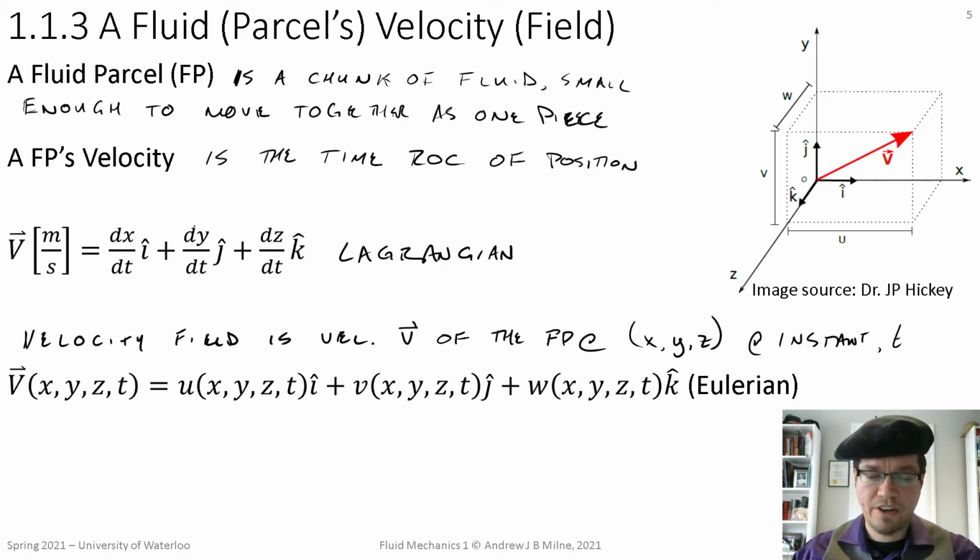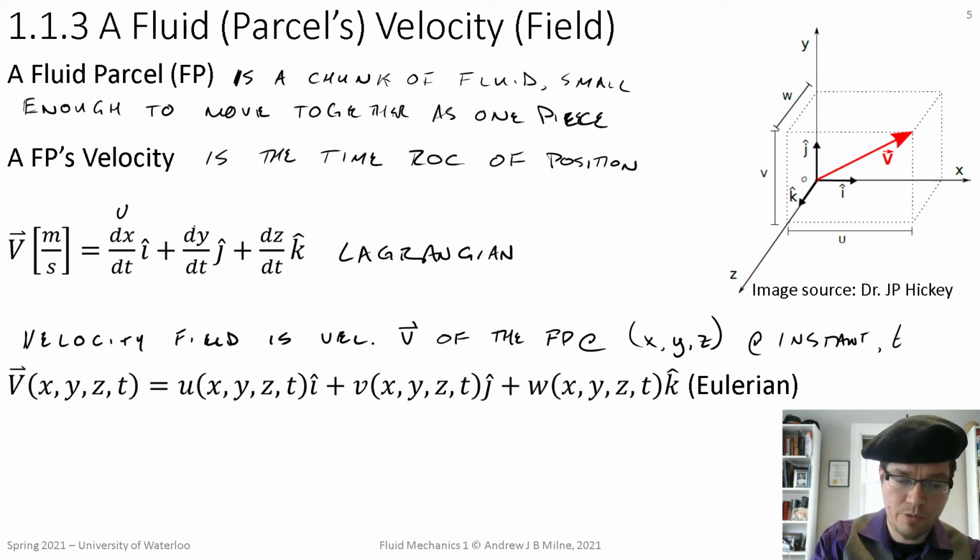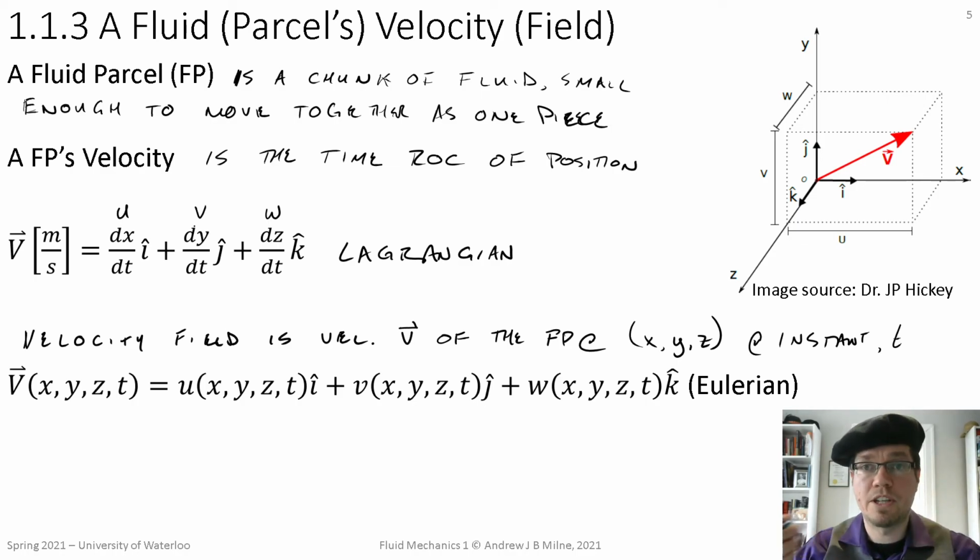So very similar definition. It's still dx dt, which we shorthand as u, and dy dt, which we shorthand as v, and dz dt, which we shorthand as w. But all of them depend upon position.